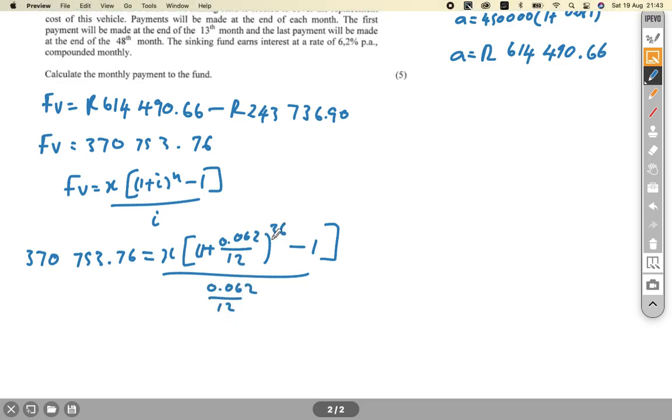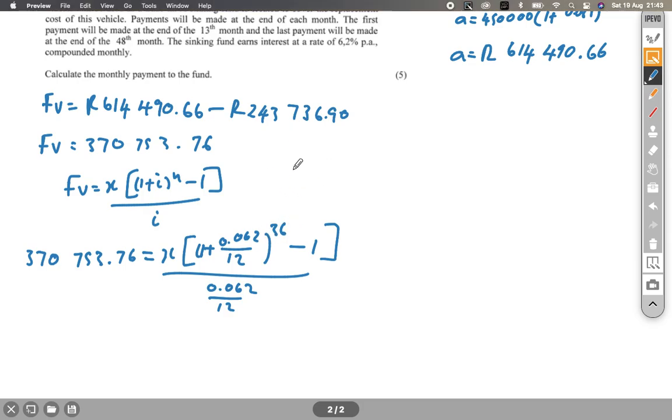Okay, so about this 36, remember that they're going to make the first payment at the end of the 13th month and the last payment at the end of the 48th month. So this is going to be 48 minus 13 plus 1.